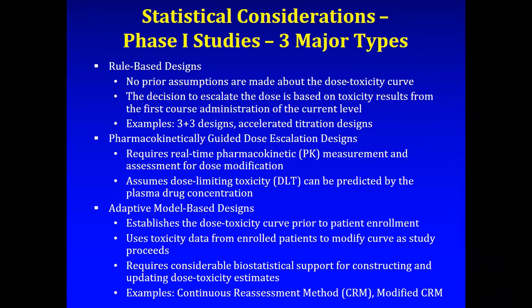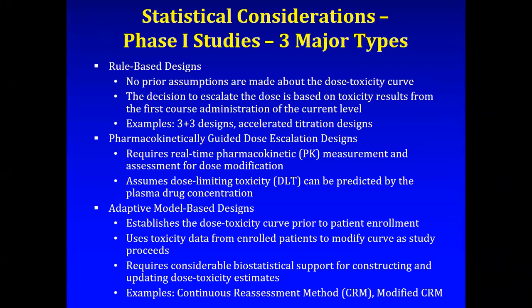There are 3 major types of phase 1 studies as I've laid out. There are rule-based designs, and those are really the ones that have been in most use historically, and they're still in wide use today. Those are fixed designs where everything's laid out neatly.